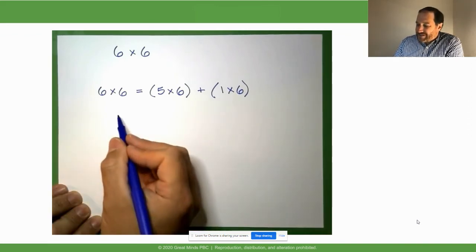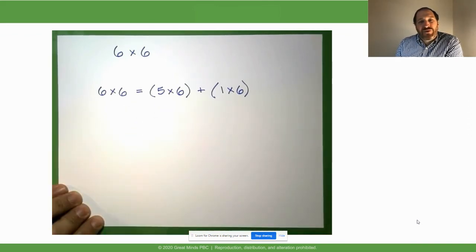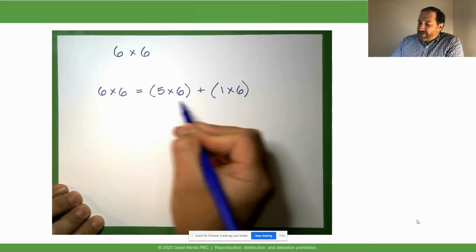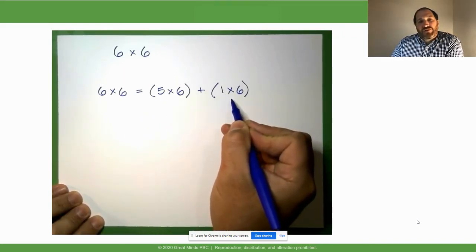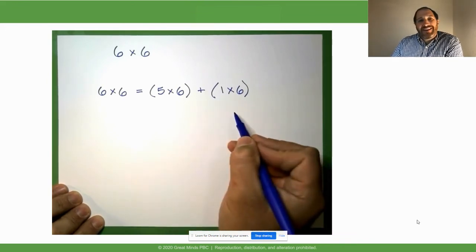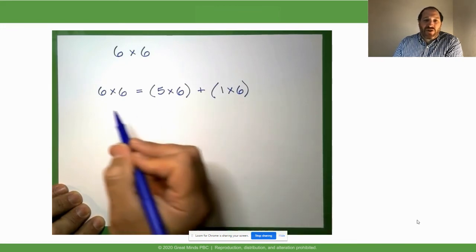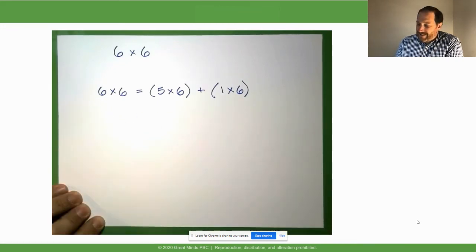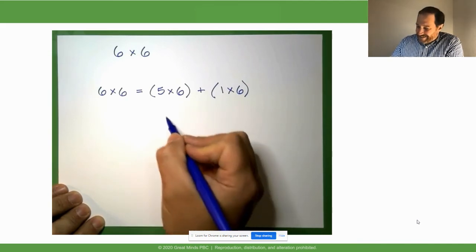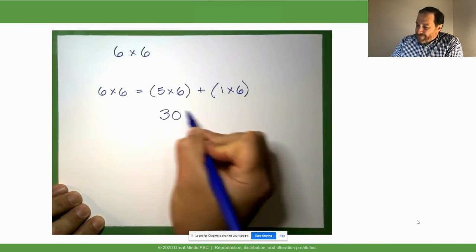And what you might notice is that this is our break apart and distribute strategy. And now that I can break this down into two multiplication facts that I do know the answer to, I can create an easy addition sentence to help me to solve for 6 times 6. Well, what's 5 times 6? That's right, 30.